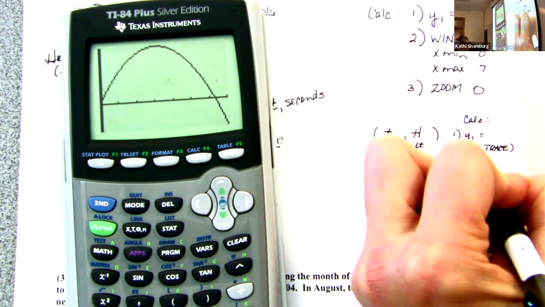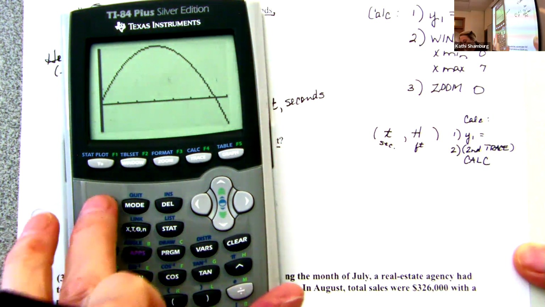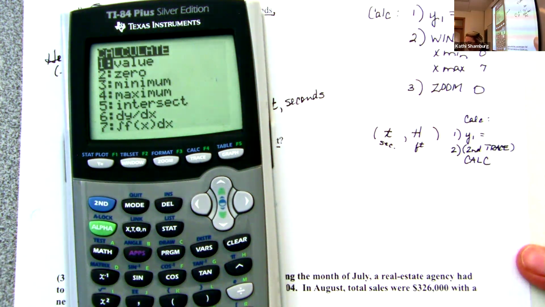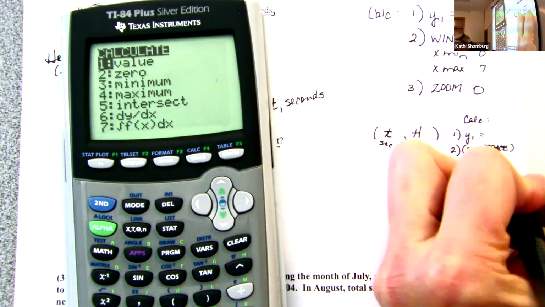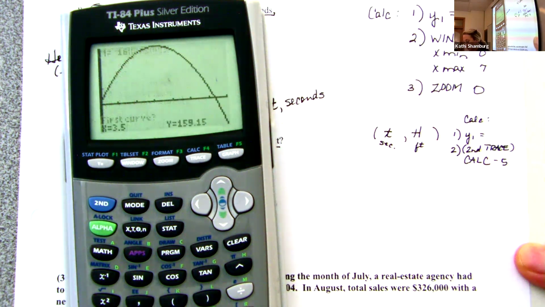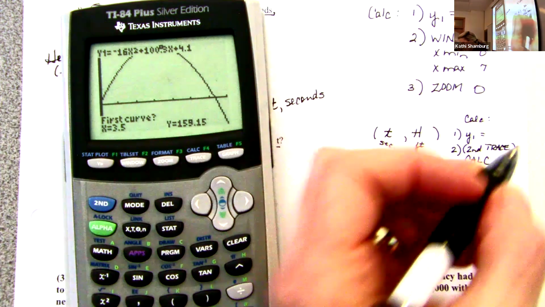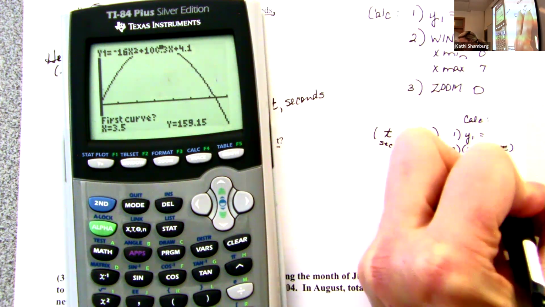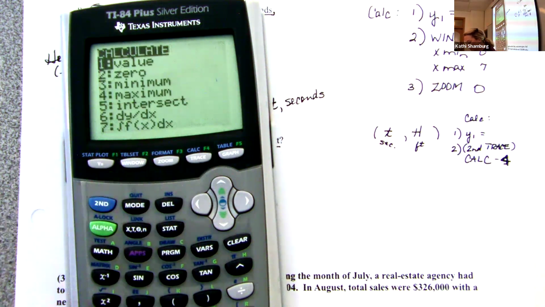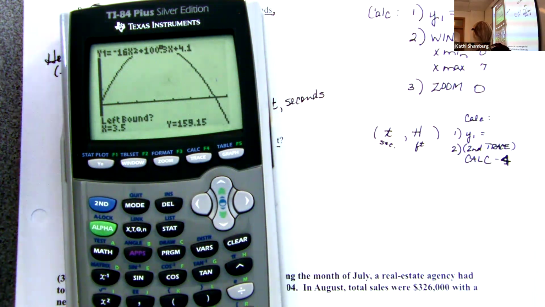That is calc. So second trace calc, and we're going to do 5. Oh, 4. I was gonna say that's not right. Sorry about that. I was doing intersection.